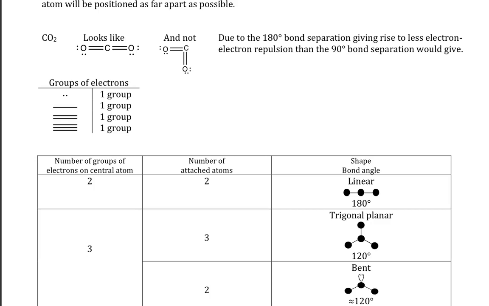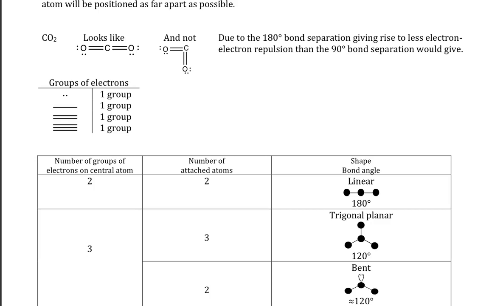That's the Lewis structure. Carbon in the middle, double bond to O on the left, a double bond to O on the right. No lone pairs on the carbon, the oxygens each have 2 lone pairs. Now, those 4 bonded electrons on the left and those 4 bonded electrons on the right, they all have negative charges.